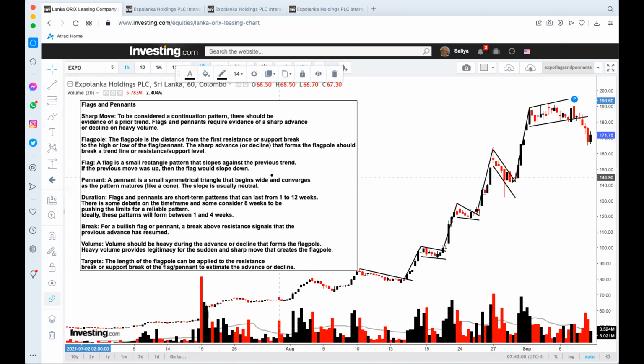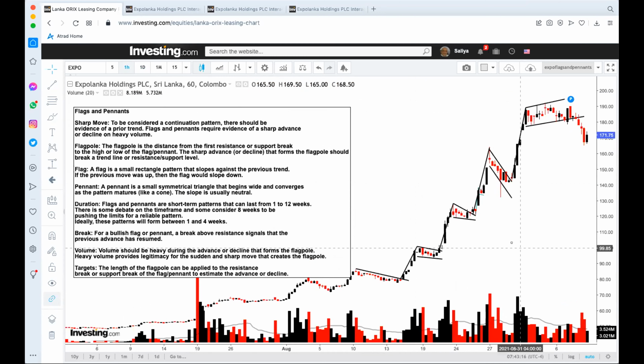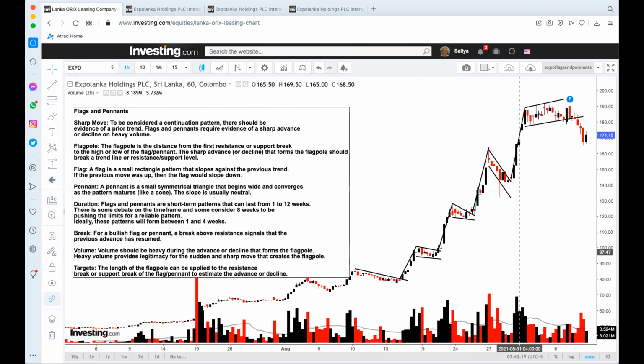Sometimes these poles can be much longer in size, so basically we need to understand that. Then the break, right? For a bullish flag, now this is a bullish flag.